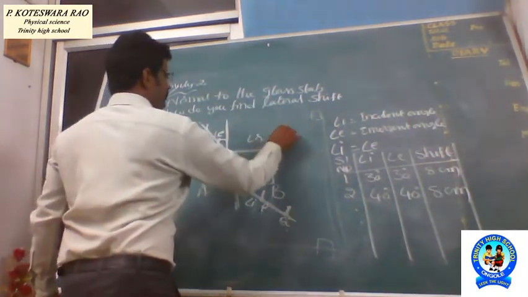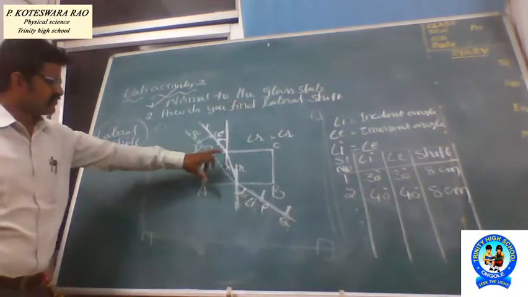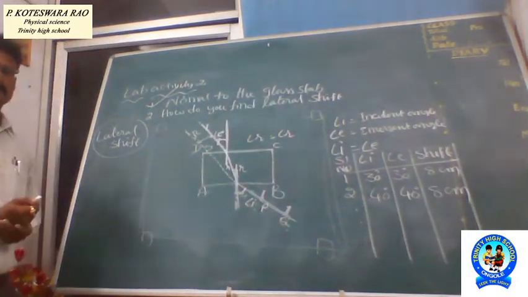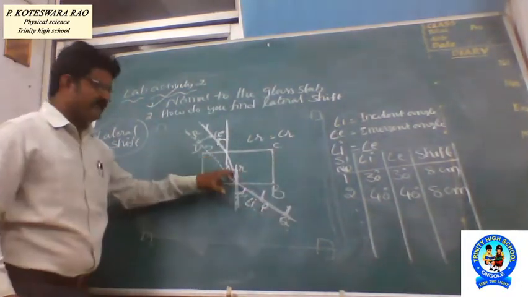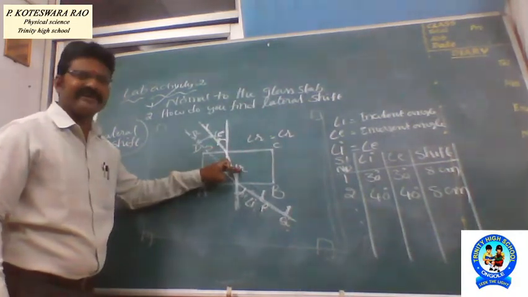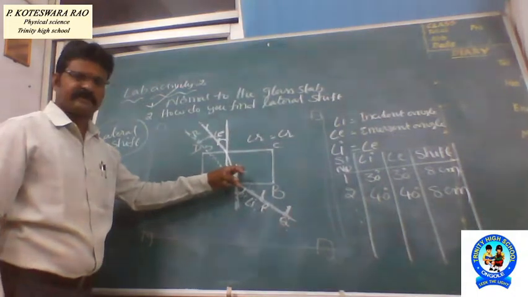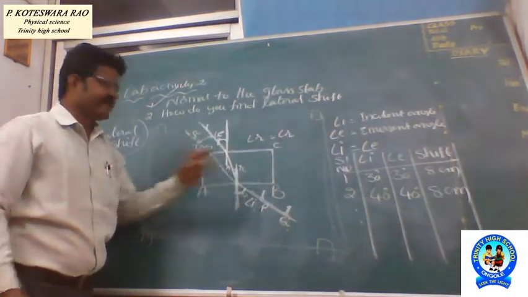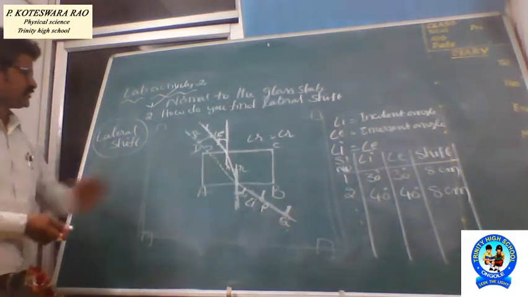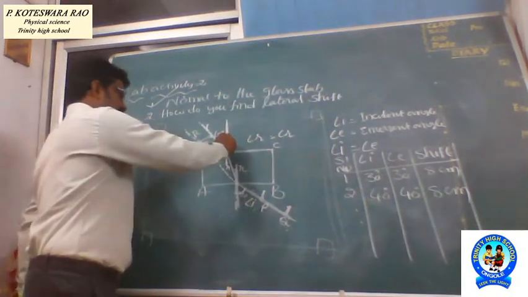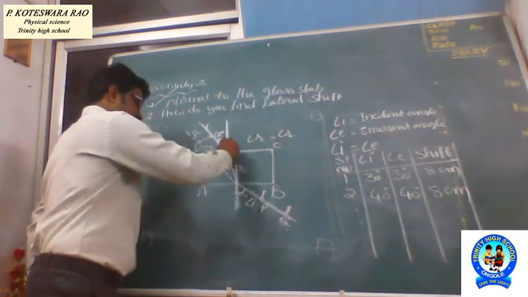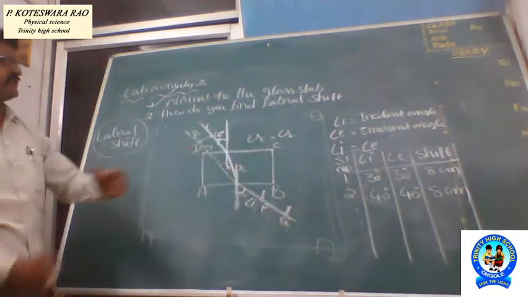Angle R is equal to angle R. Here also both angles are the same. Angle R equals angle R. Suppose this is 20. What about this one? This is also 20. Angle R is equal to angle R. So this is a refracted ray, and this is the table.